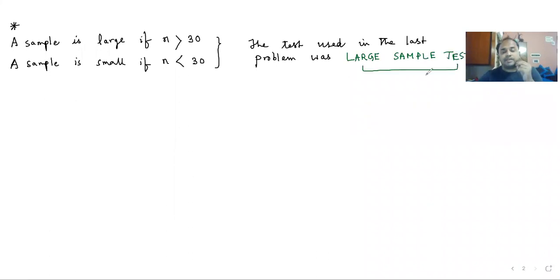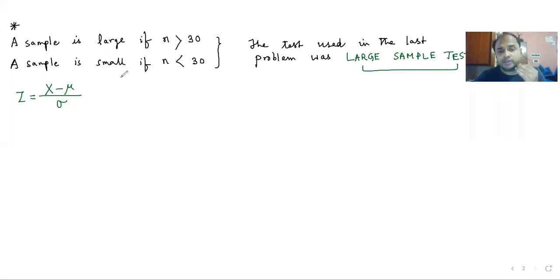Now, in large sample test, the basic formula that we used is the following: Z equal to X minus mu by sigma. That is the formula that we used. Sigma took a special form, and mu took a special form. Here it is NP and NPQ. Mu is NP and sigma is root over NPQ.